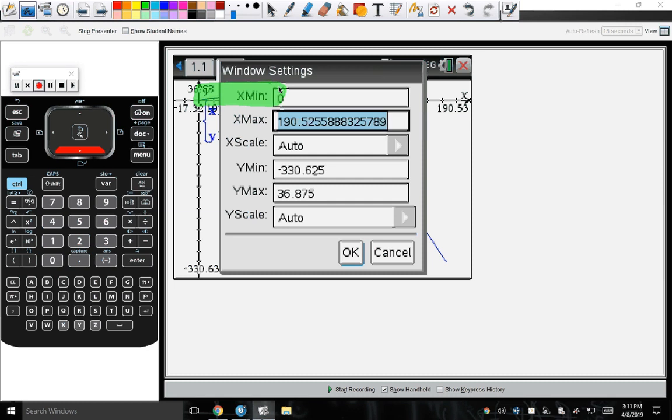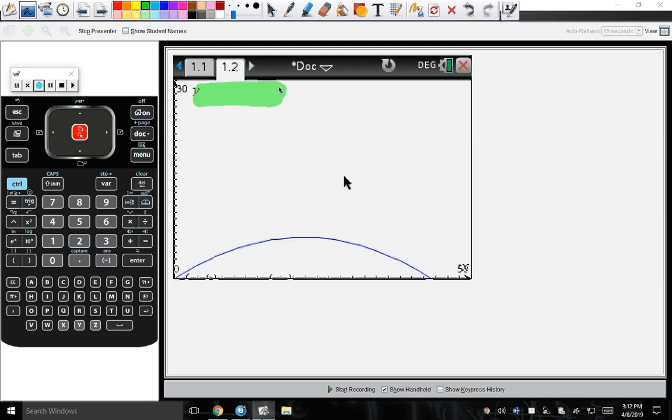How far do you think that thing can go? 50. Let's do 50. Y min, what do you think for the most part? Most on average, our y value is going to be when we start? 0. Because this is starting from ground level. And then, how high do you think that could probably go? Let's do 30. And see, there's the graph right there as far as the entire thing is concerned.